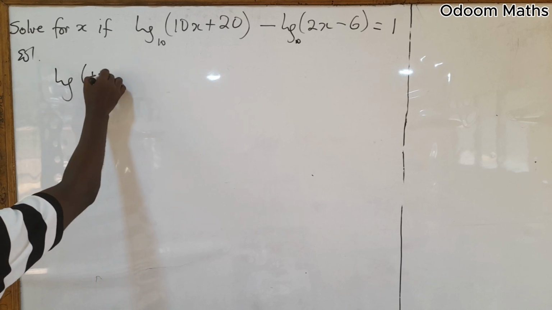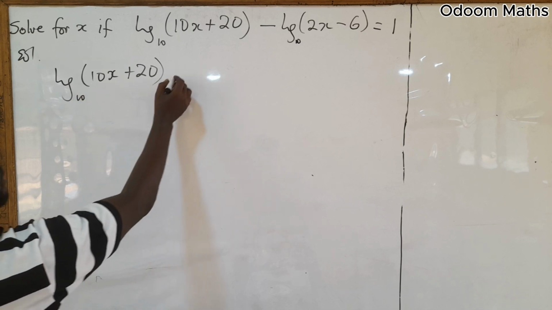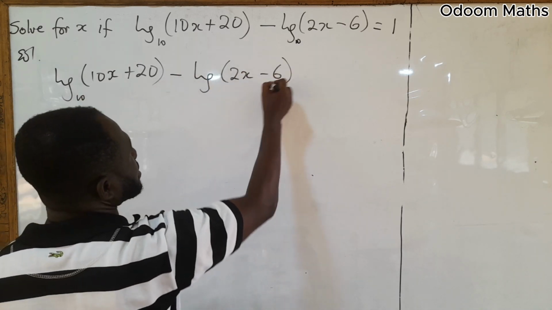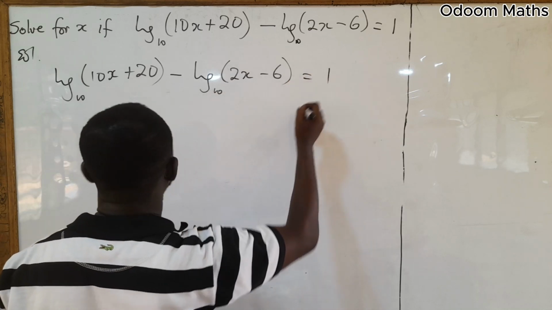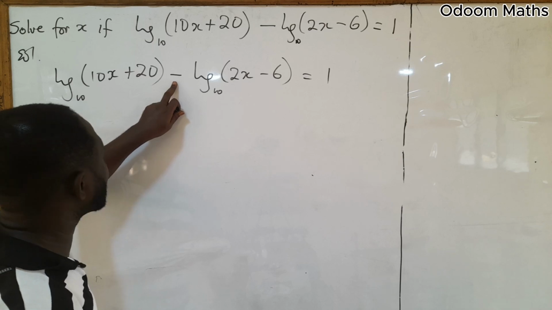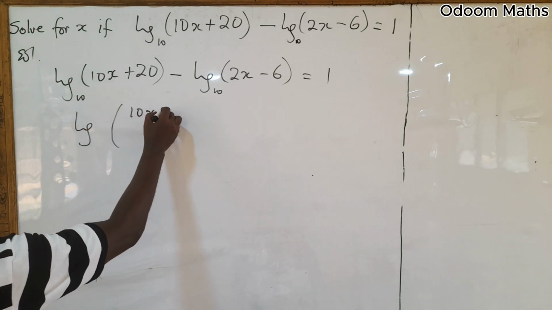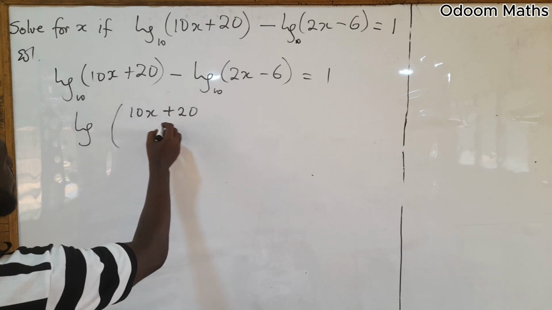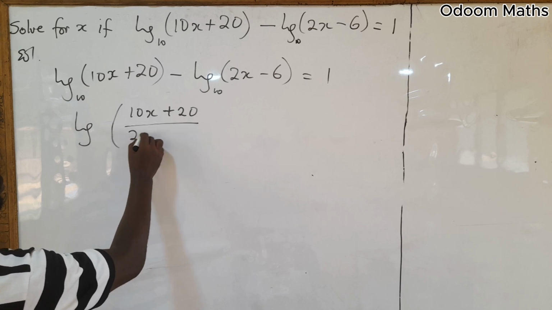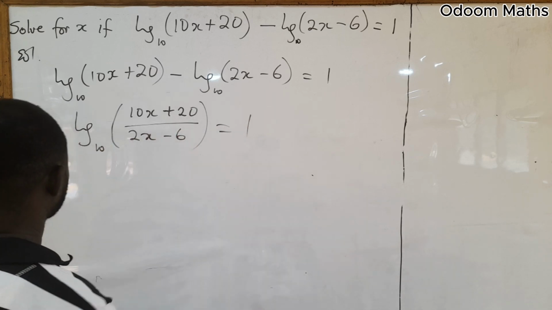Log into bracket 10x plus 20 base 10 minus log 2x minus 6 base 10 equals 1. So the same base subtracting, so that is log into bracket 10x plus 20 over 2x minus 6 base 10 equals 1.